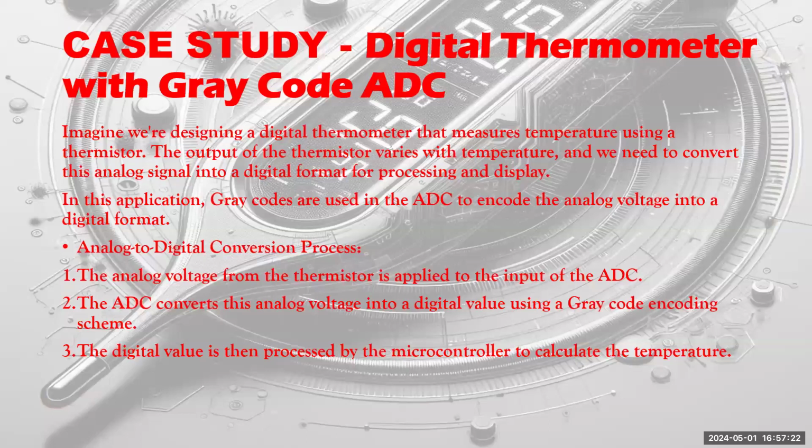So here the advantage of using the gray code is that it reduces the error sensitivity. Since gray codes ensure that only one bit changes at a time, during this conversion process, it reduces the sensitivity to errors caused by noise or any fluctuations in the analog signal. As earlier mentioned, it is a smoother transition. Since gray code values differ by only one bit, transitions between digital values are smoother compared to the traditional binary encoding.